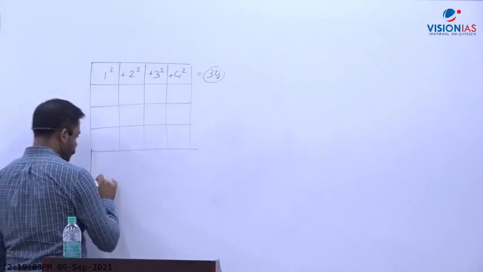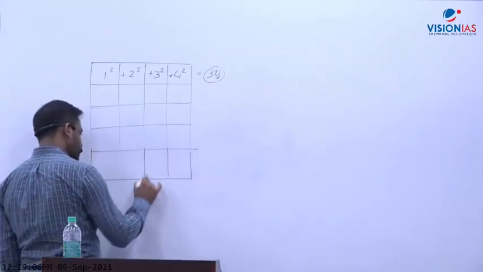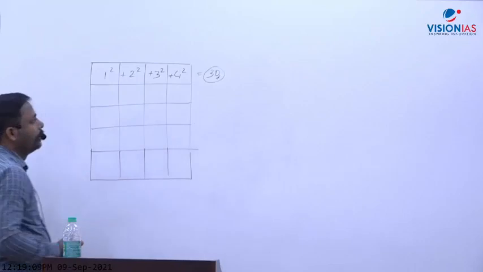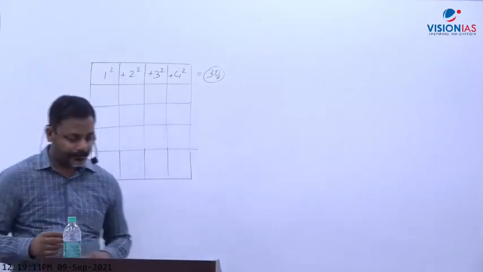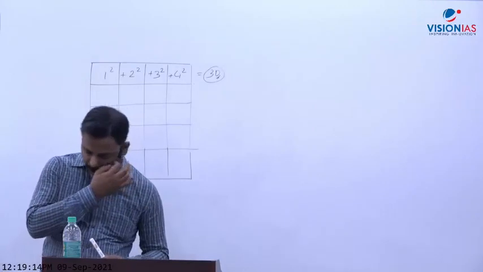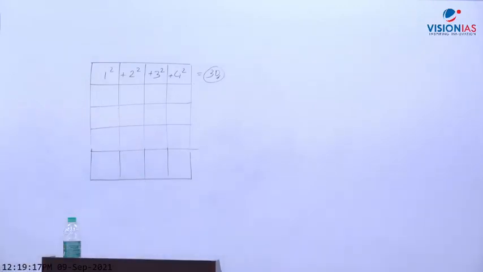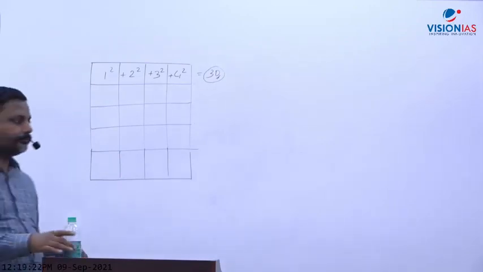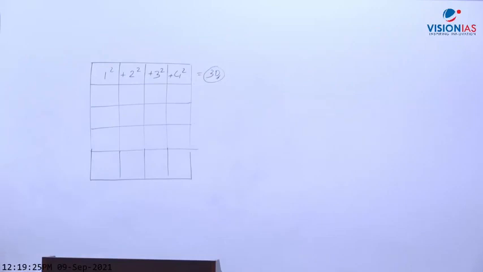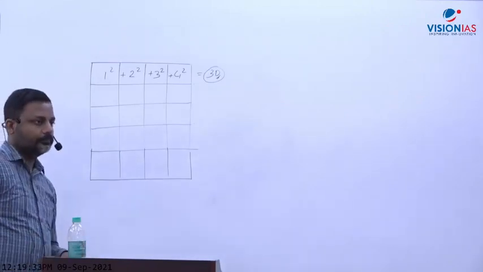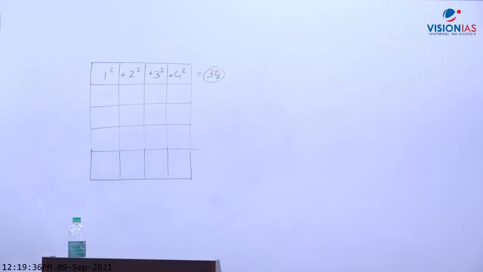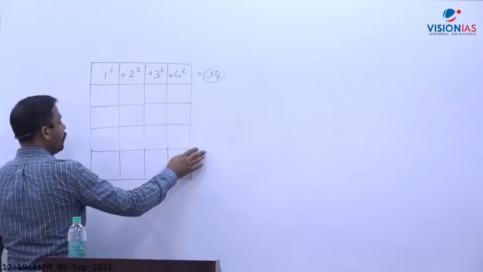But what if the bigger figure is not a square? If the bigger figure is not a square, then now how many squares are there in this figure?